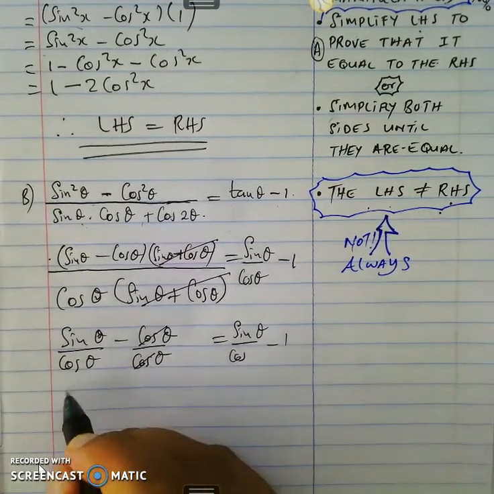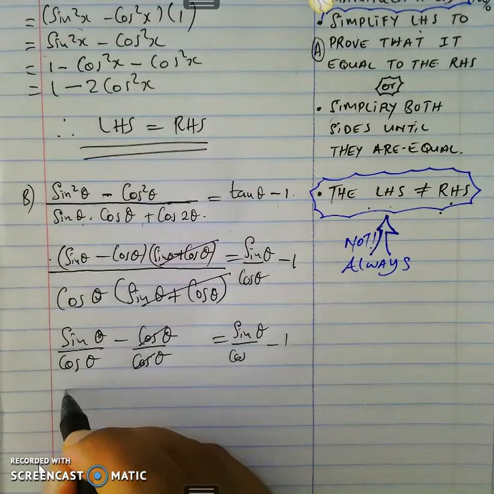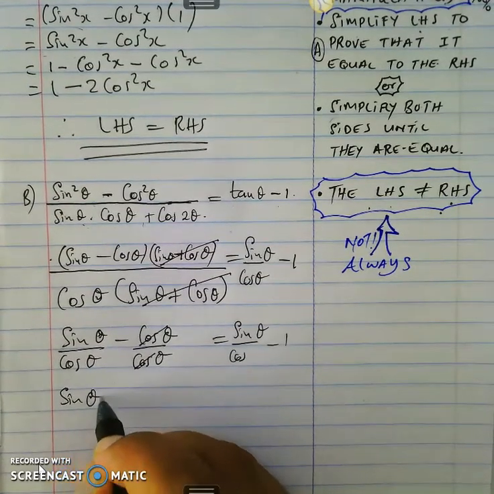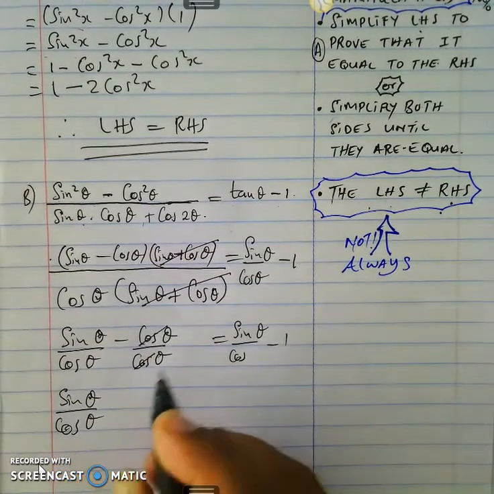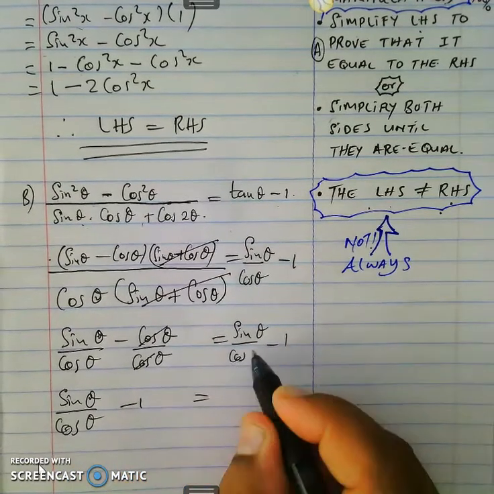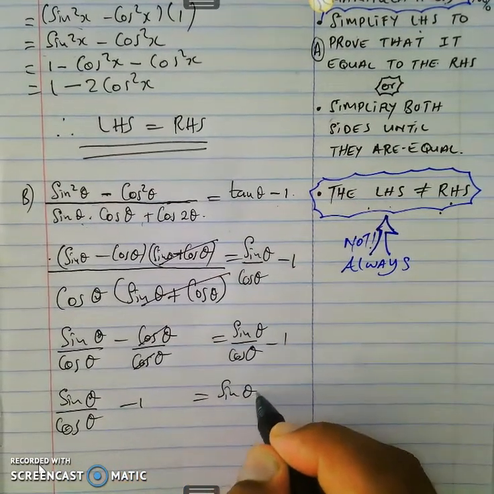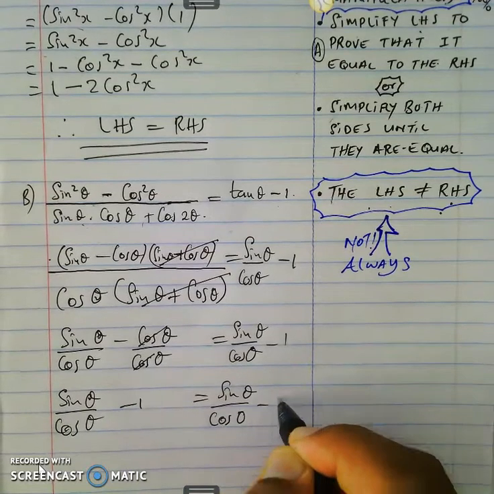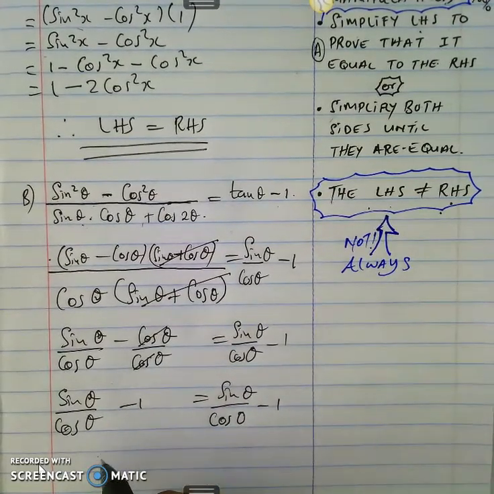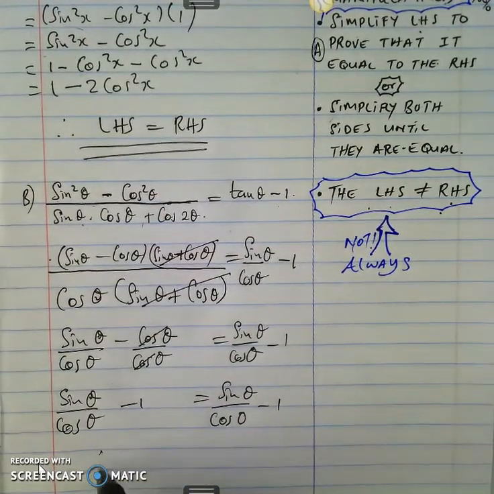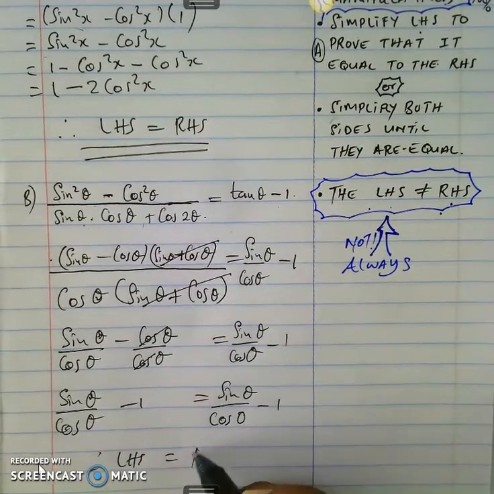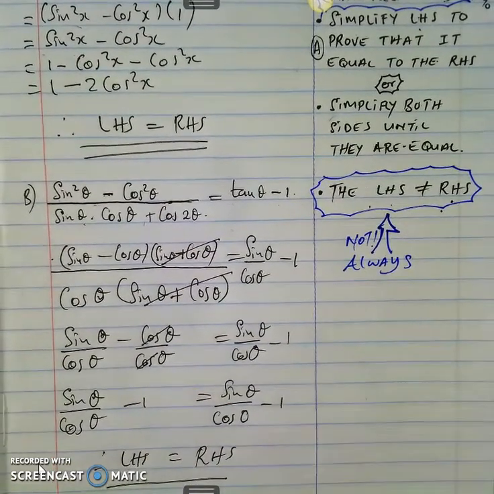And on the left hand side, I'm left with sine theta over cos theta minus 1, which is equal to my right hand side. So therefore I can say that my left hand side is equal to my right hand side. And that's how you prove your identity.